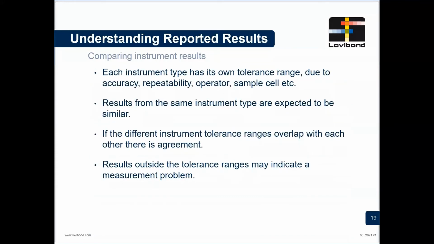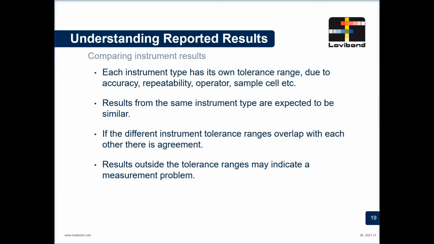So when we're comparing instruments, each instrument type has its own tolerance range due to the way the instrument works, how accurate it is, or how repeatable it is at making a measurement every time. Obviously, we're going to have things like your cell preparation, your sample preparation, even sometimes the operator, especially if you're on a visual instrument, because not everybody sees exactly the same. You're going to have some small differences coming in there.